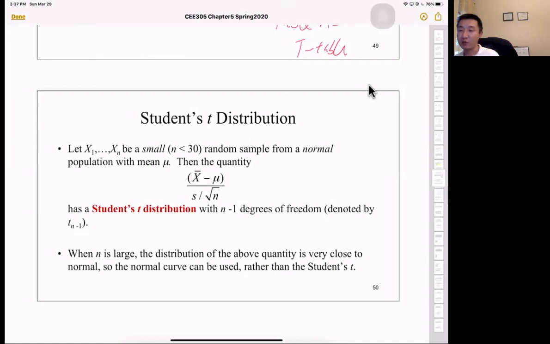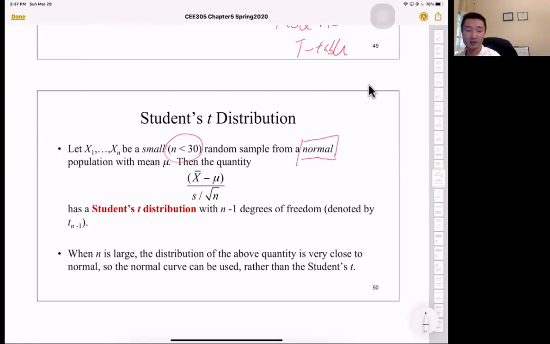Let's define X1, X2, ..., Xn as a small random sample, with sample size less than 30, from a normal distribution. This is the requirement. It must have a normal distribution, so we can use student's t distribution. The population has a mean value of mu.